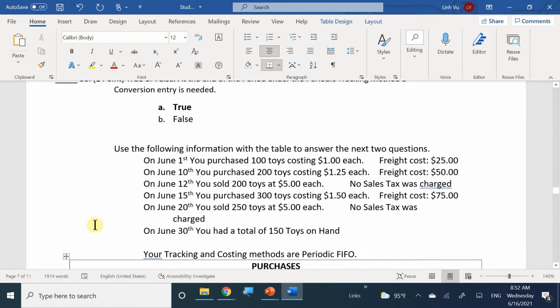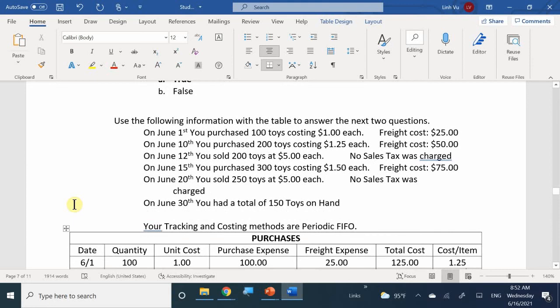Okay. Let's see what happened next. On June 12th, you sold 200 toys at $5 each. No sales tax. What do I do with that piece of information right there?